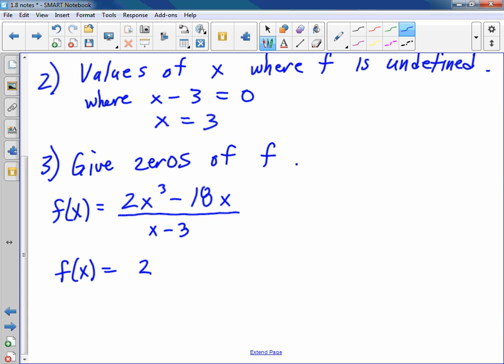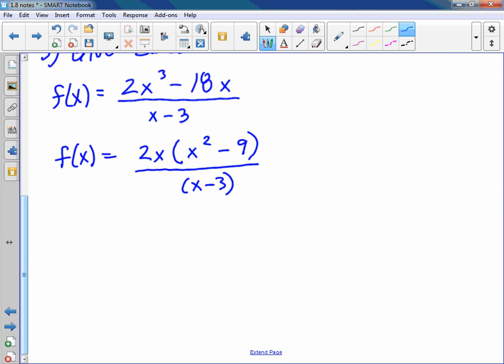So let's factor 2x out. That would leave me x squared minus 9. Oh, and then that gives me some ideas already, just seeing that. Divided by x minus 3. I put that in parentheses maybe to help us see in a minute.